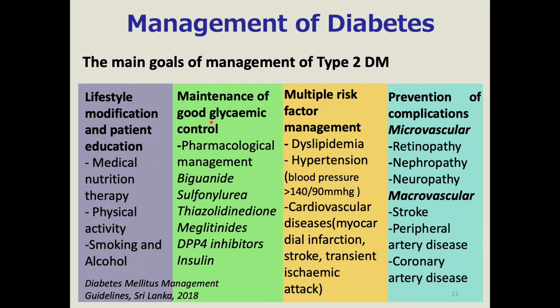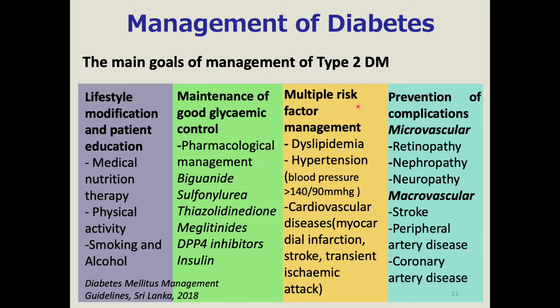Regarding the maintenance of good glycemic control, this is basically done by pharmacological management. We have to select the best drugs for individual patients from the drugs that we can give for diabetes mellitus patients. These are some of the drugs which can be used in diabetes mellitus.